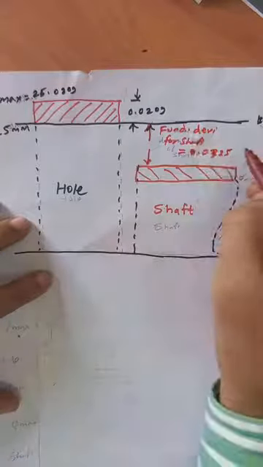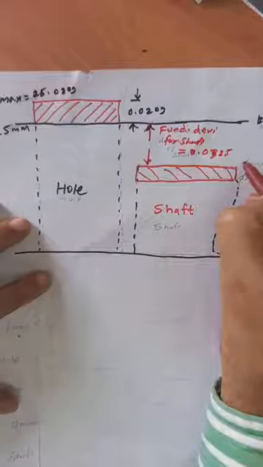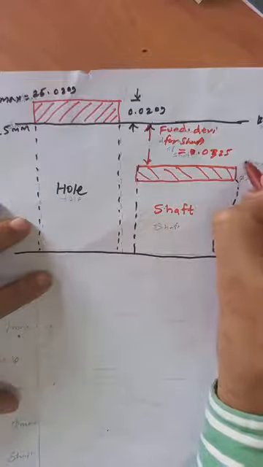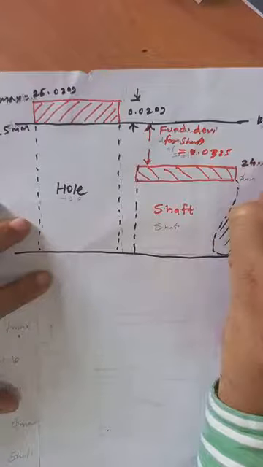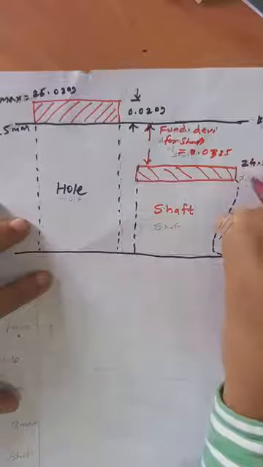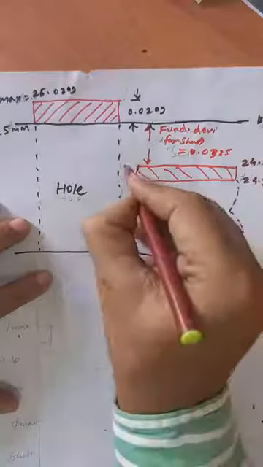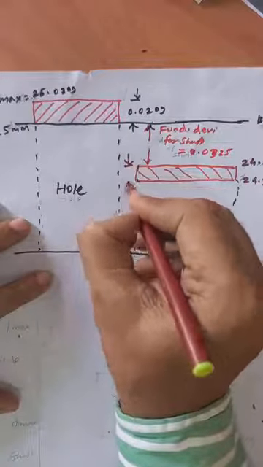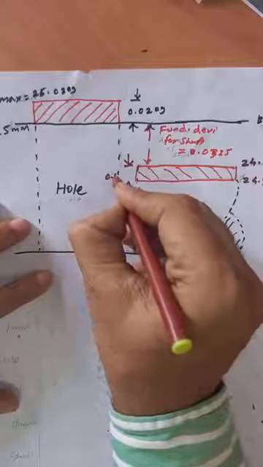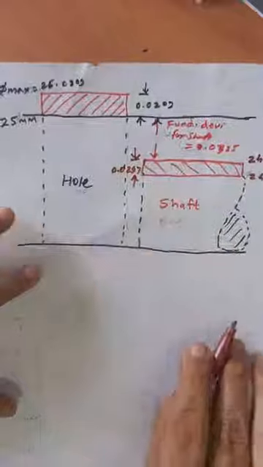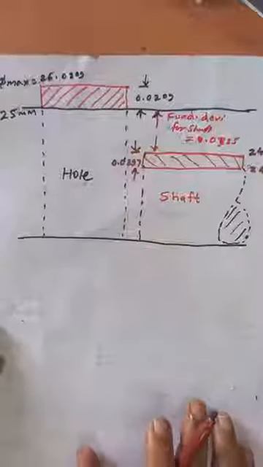So the maximum size of shaft comes to be 24.980, and the minimum is 24.947. This is the tolerance, and it comes to be 0.0297 mm. Okay, so this is how we have to write the values.